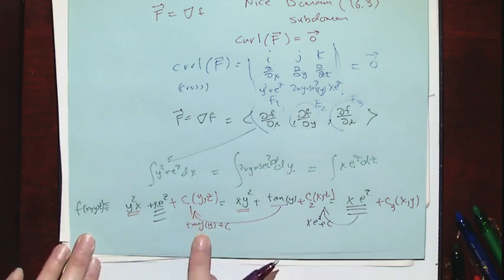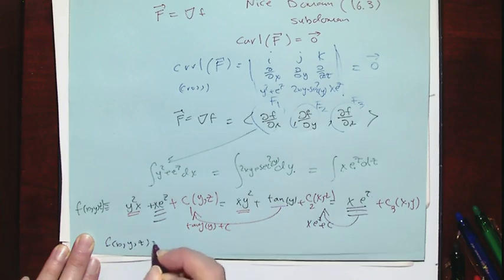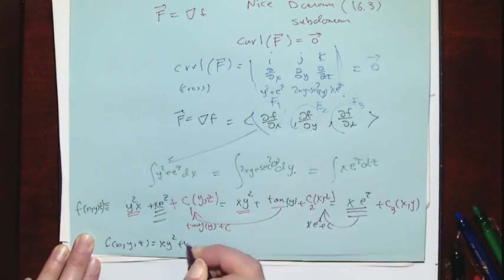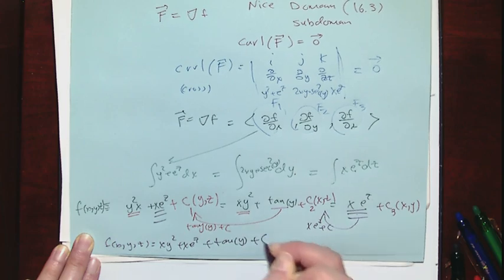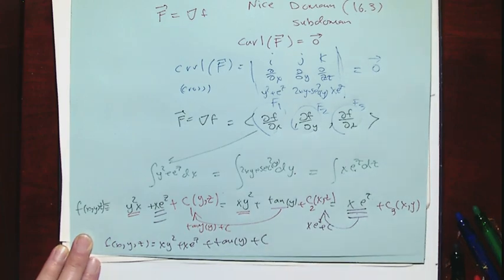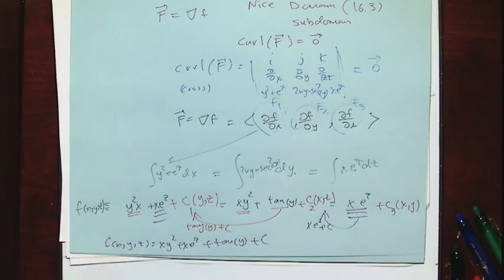When I found this constant, what did I get? I get f of x, y, and z equal to x y squared plus x e to the z plus tan of y plus c. Agreed? If I do it with this one, I also get the same stuff. And if I do it with the last one, I also get the same stuff. So you just need to find a constant in one of them if you need to.